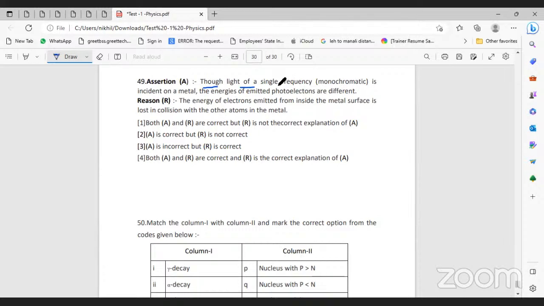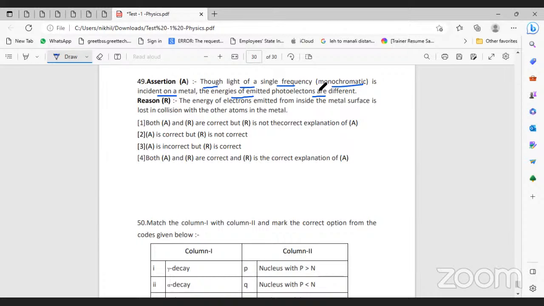Though light of a single frequency, that is monochromatic, is incident on a metal, the energy of the emitted photoelectrons is different. Correct? Even though the frequency is monochromatic, if you incident the same frequency on two different metals, the energy of the emitted photoelectrons will be different. If one metal has a higher threshold frequency, the emerging energy will be less.